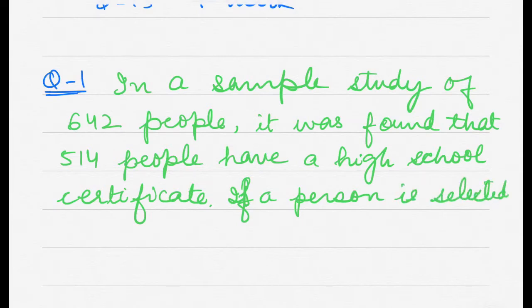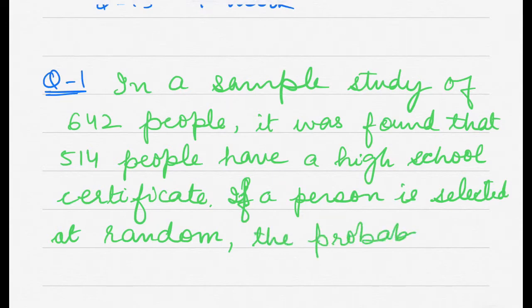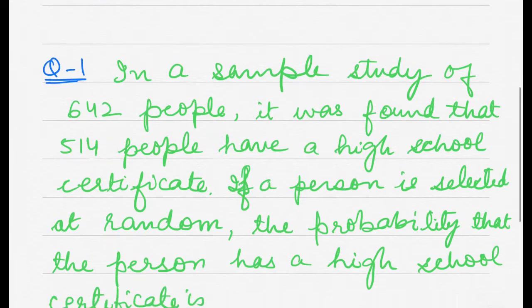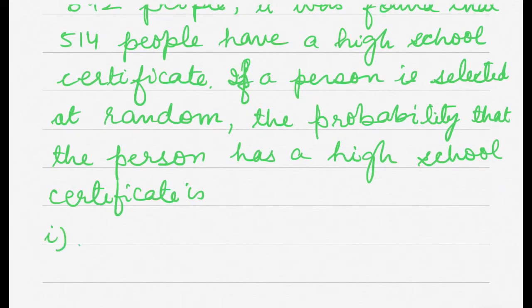Now if a person is selected at random, the probability that the person has a high school certificate is, okay, it's a multiple choice question.